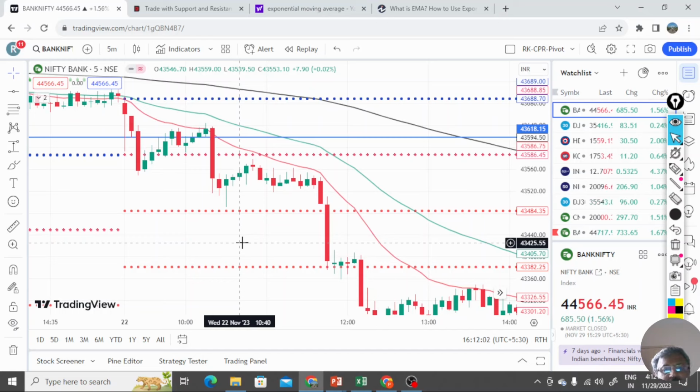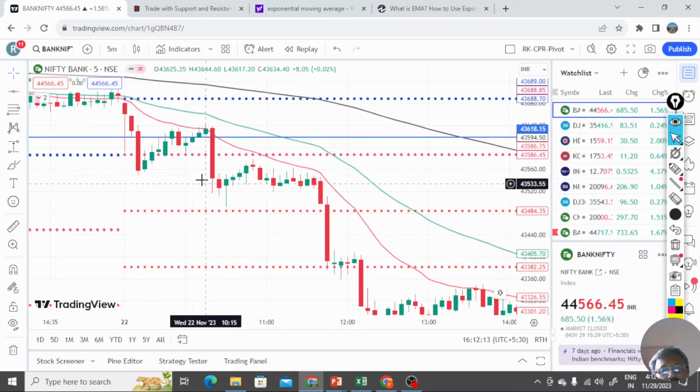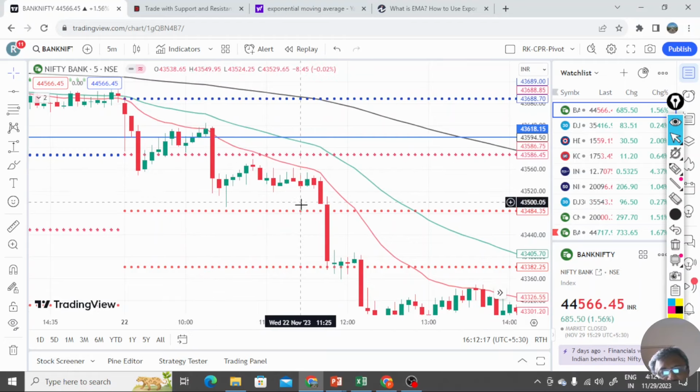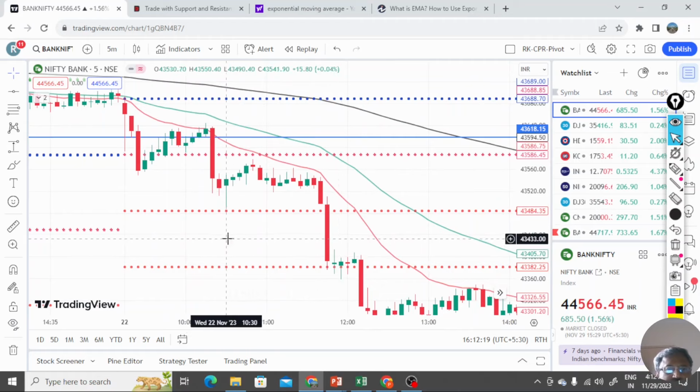Out of 10 times, even if you lose 5 and your winning is 5, since your risk reward ratio is at least 1 is to 2, if you know how to trail stop losses at proper stop loss, and if you can control your emotions, you can always make a big profit.